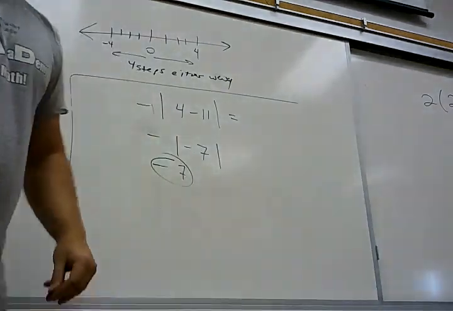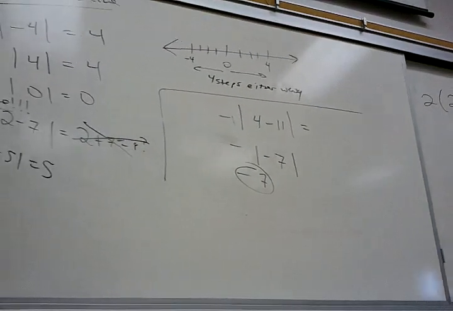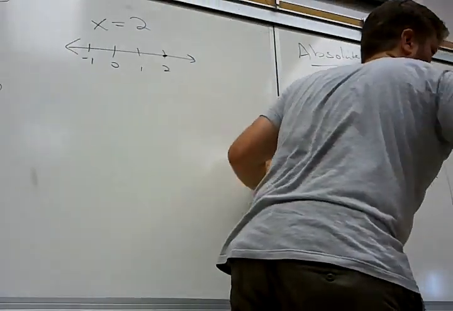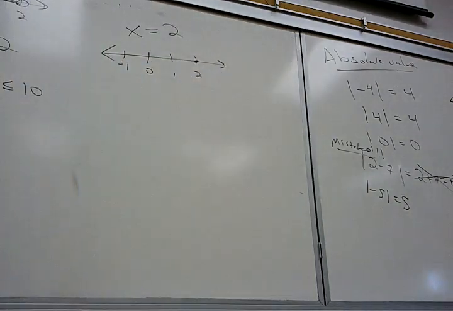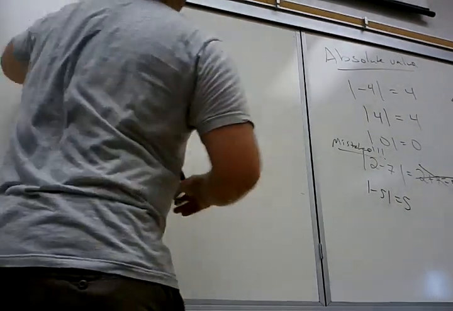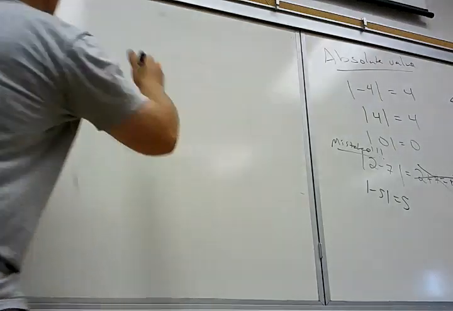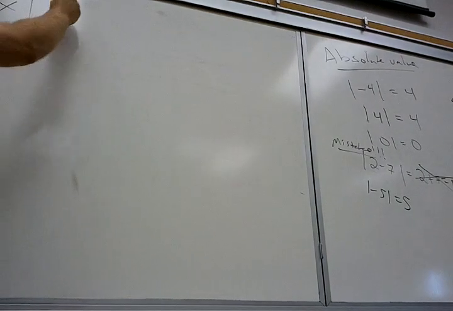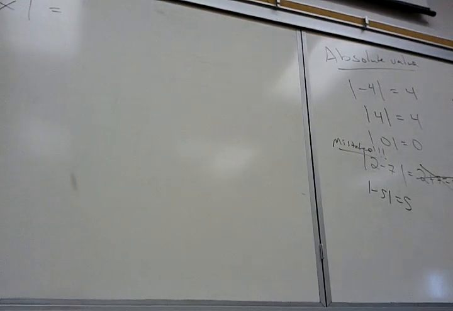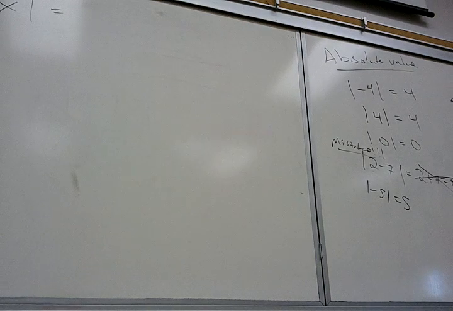Now here's the freakiest part about absolute values. I'm not going to dwell too much on this. It's not going to become really important until later. That is really hard to do, believe it or not. I always get people telling me it's this, but that's not true.